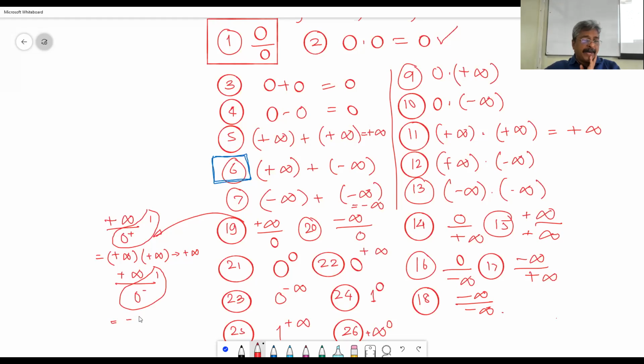So for all practical purposes, this is going to be plus infinity into minus infinity, which we can deal with as 1 into minus 1. We can take out those two guys out, infinity into infinity. So infinity into infinity, we know infinity, and there is a minus sign outside. Therefore, plus infinity into minus infinity would become minus infinity.